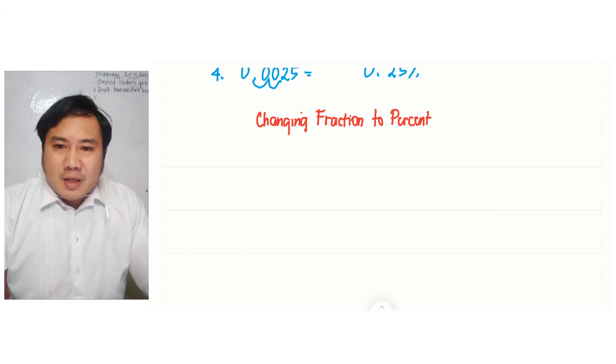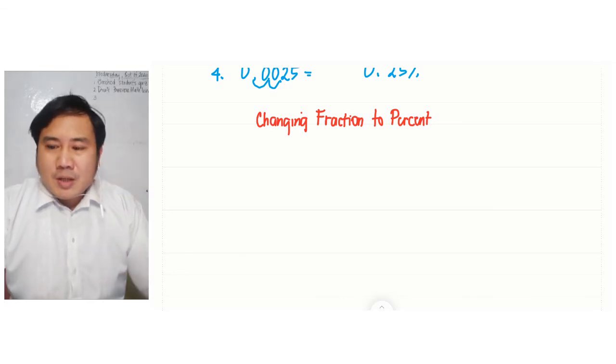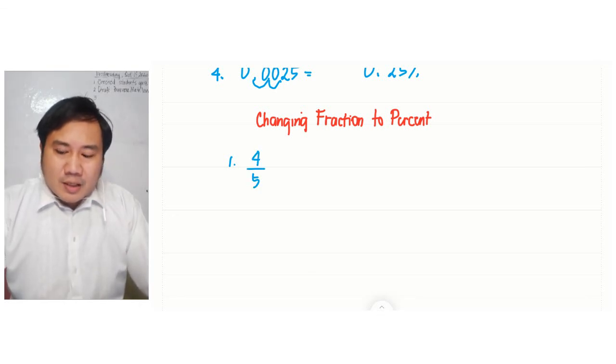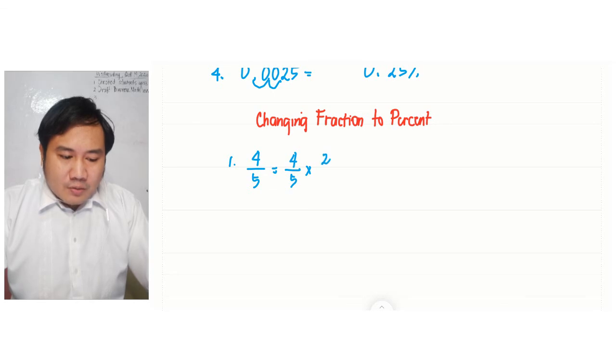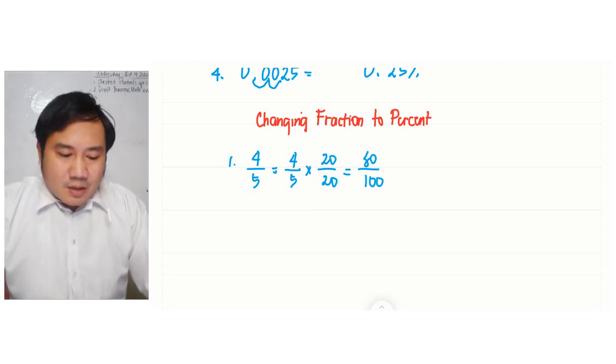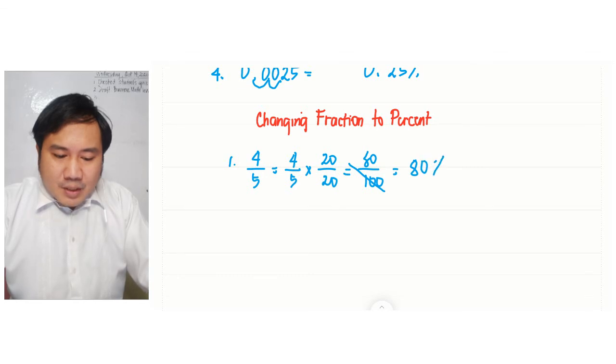Kapag 100 na yung denominator, we can cancel that out and replace it with a percent sign. Example, 4 over 5. So, kailangan gawin natin 100 yung denominator. So, let us multiply 4 over 5 by 20 over 20. There. So, 4 times 20 is 80 over 5 times 20 is 100. Pag 100 na yung denominator natin, you can cancel that out. Pwede mo siyang palitan ng percent sign.